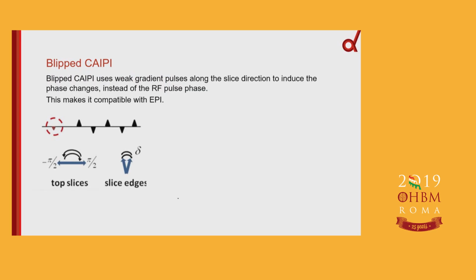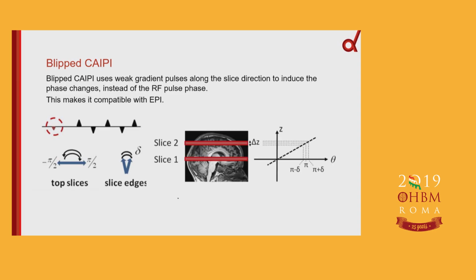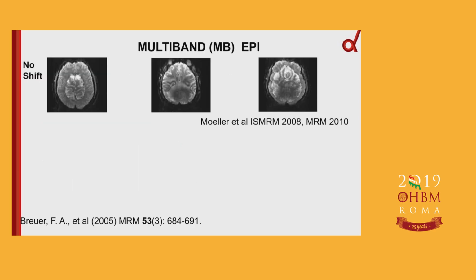So essentially you get a little set of extra blips along the Z. It's almost like an extra phase encoding in the slice direction, and what this is doing is then for the centers of the slices that you're doing, it's flipping them over backwards and forwards as you want, and at the edges you're only getting a very small effect, which can be largely neglected, and this basically allows you to have the benefits of CAIPIRINHA in a 2D EPI experiment.